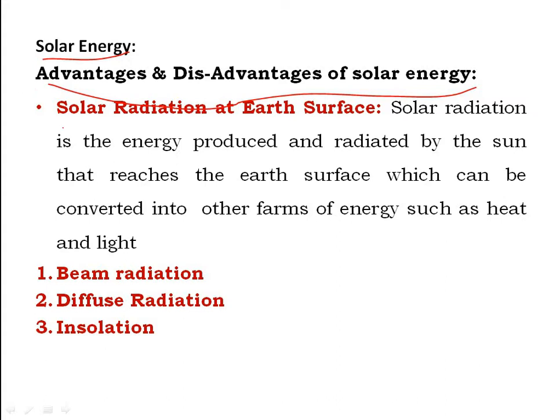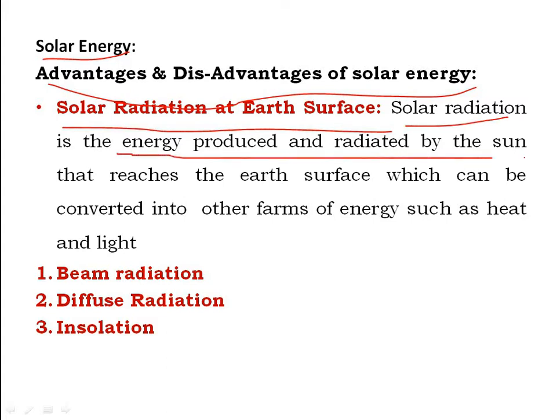You all can next see here solar radiation at the earth's surface. Solar radiation is the energy produced and radiated by the sun that reaches the earth's surface, which can be converted into other forms of energy such as heat and light.